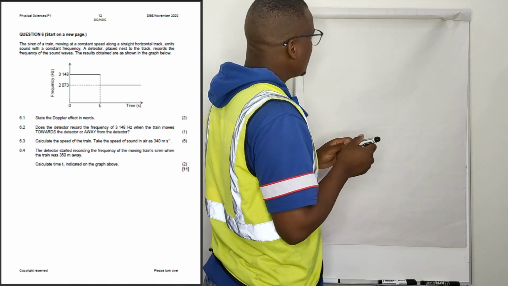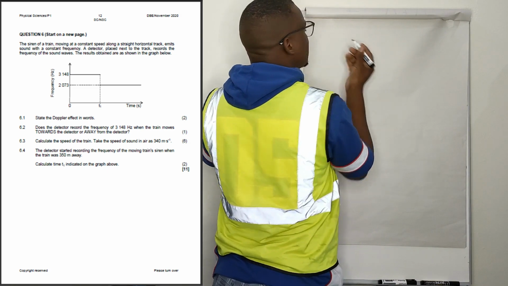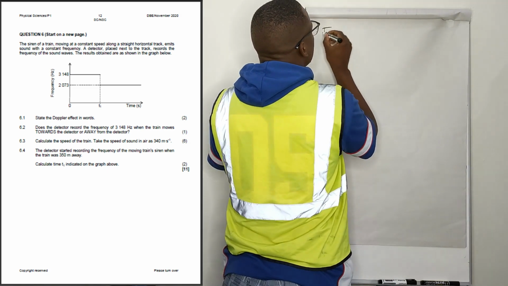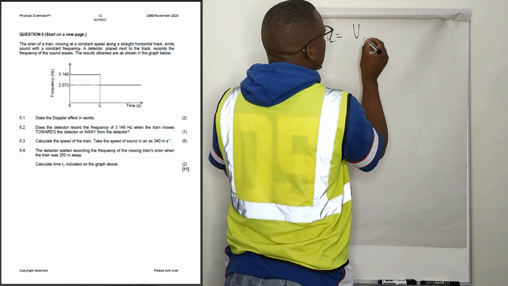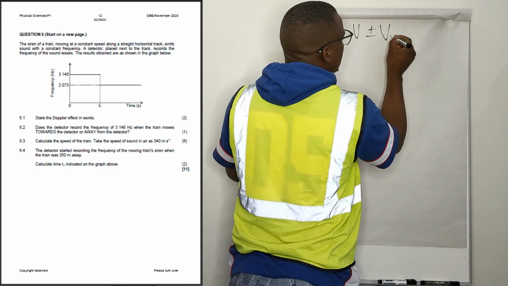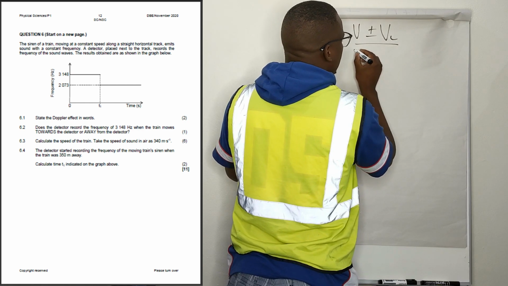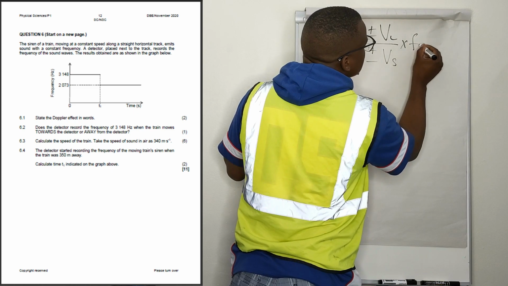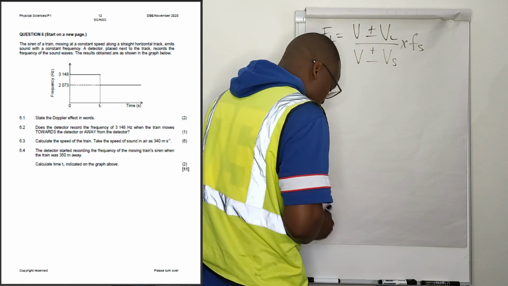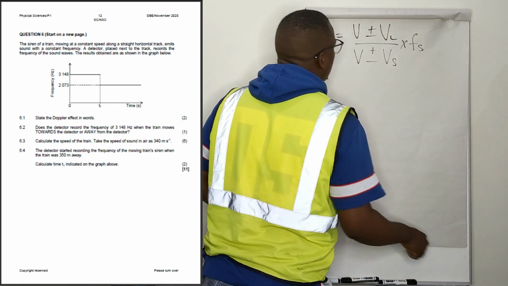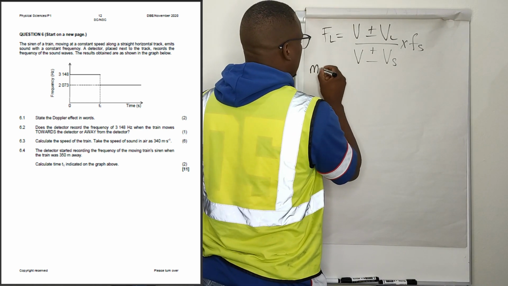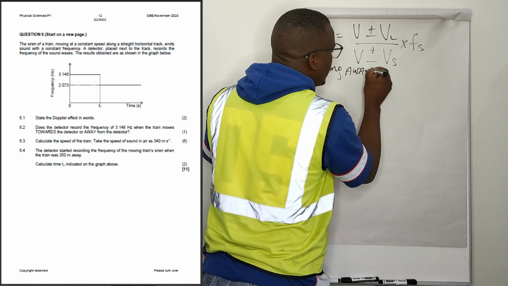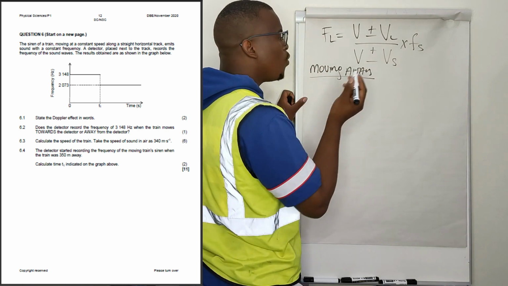So now, our equation for Doppler, frequency of a listener is the speed of sound in air, plus or minus velocity of a listener, over V plus or minus velocity of the source, times the frequency of the source. So now, our source of sound is moving away from the detector.